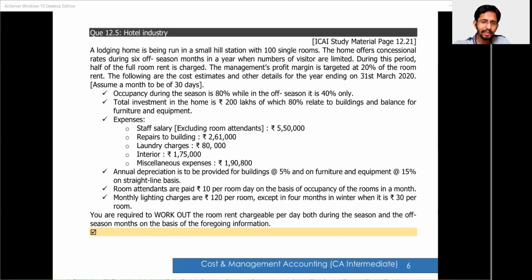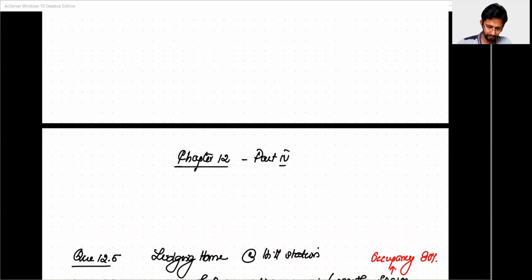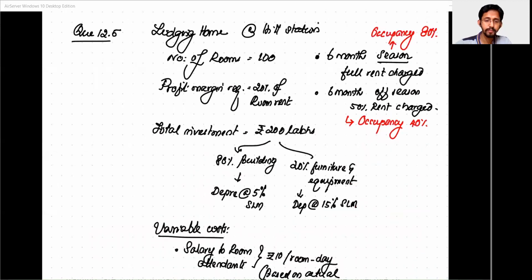Okay. Now, what is given in the question? Okay, so let's see what is given in the question.